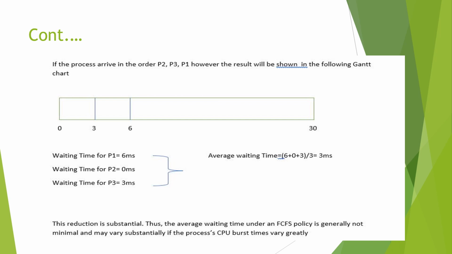It takes process P1 24 milliseconds to execute and it ends at time 30 milliseconds. Waiting time for P1 is 6 milliseconds. Waiting time for P2 is 0 milliseconds. Waiting time for P3 is 3 milliseconds. Average waiting time for the processes will be 6 plus 0 plus 3 divided by 3, which gives us an average waiting time of 3 milliseconds.